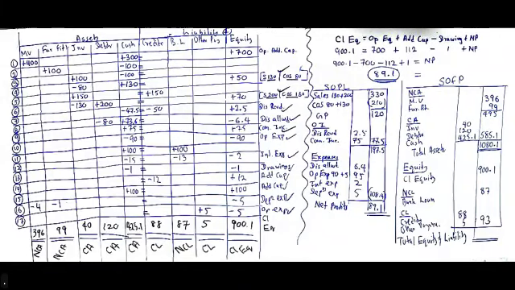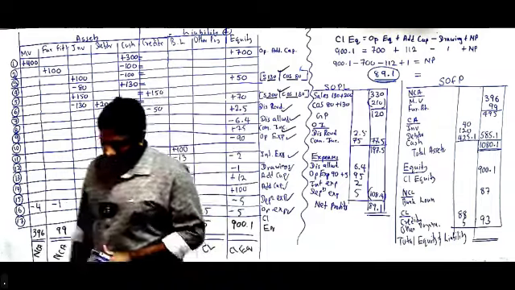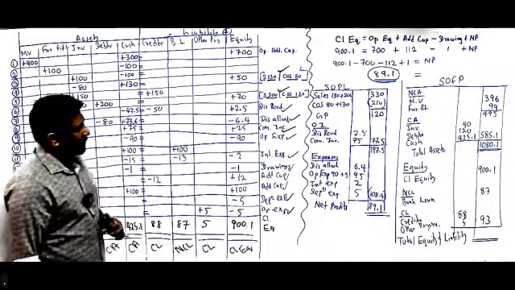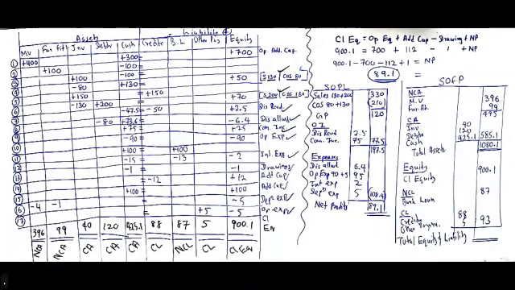Ishra is telling the same answer, 1080.1. Adil is telling yes, it's balancing. 1080.1.